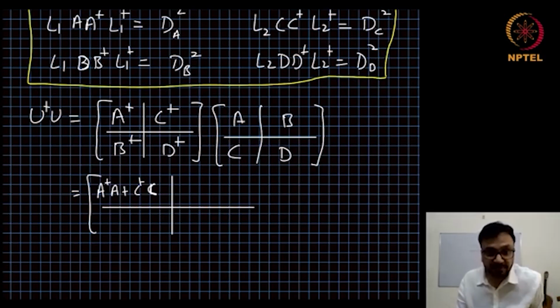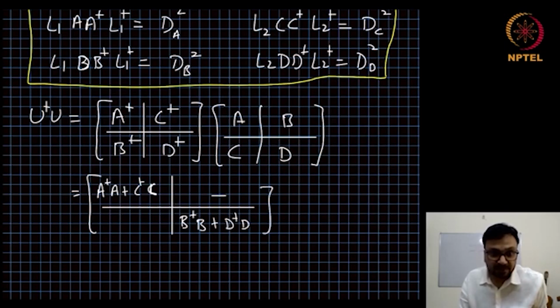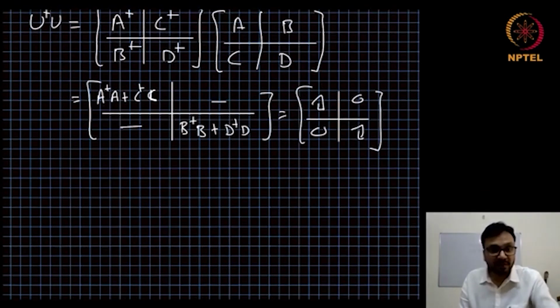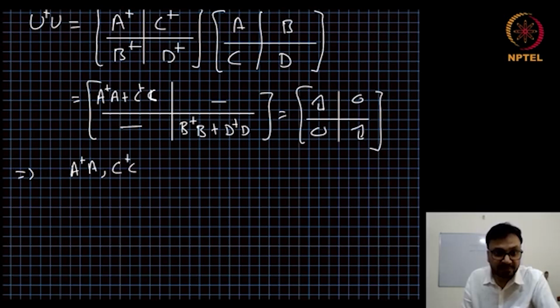We did not use them in the previous one, so we will not use them here. B dagger B plus D dagger D, and this must be equal to identity, with 0 and 0 off the diagonal. From here we can see that A dagger A commutes with C dagger C, and B dagger B commutes with D dagger D.